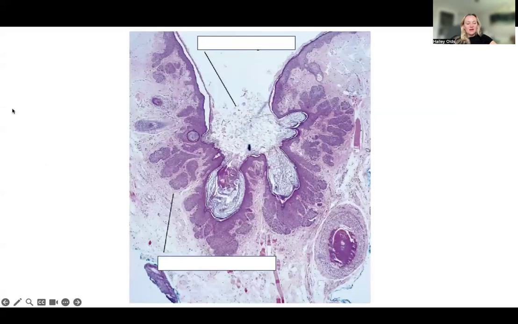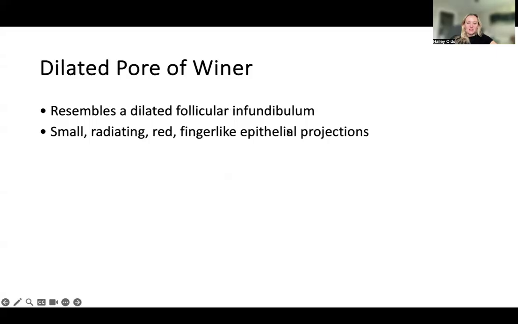Awesome. Okay, next one. So this one, you have a central invagination with some loose keratin, and then you have some budding coming off of the epidermis surrounding it. So this one is just your classic dilated pore of Winer. It just looks like a dilated hair follicle, basically.